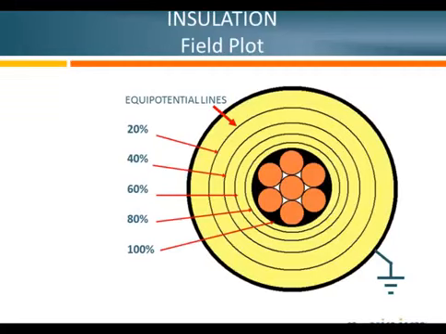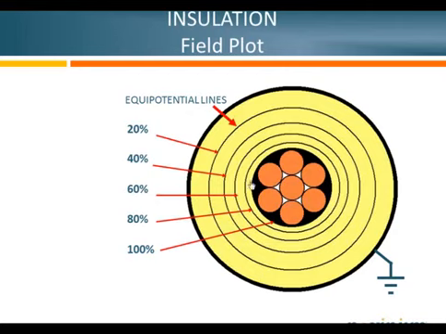Your equal potential lines in a power cable look like this, and these are just the voltage that you have remaining from the conductor where you have high voltage to ground on the outside. So 80% equal potential line means you have 80% of the voltage occurs at that location.